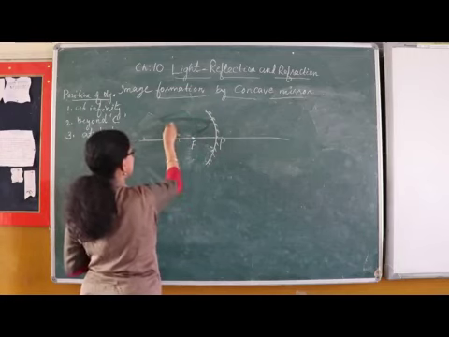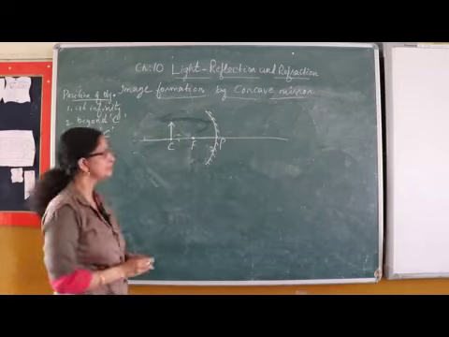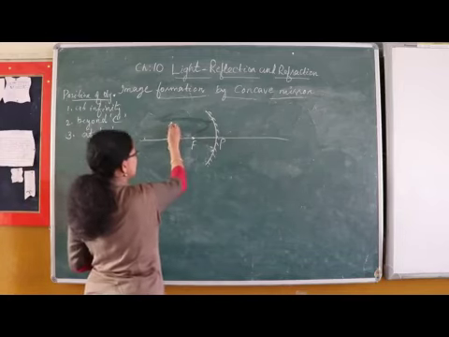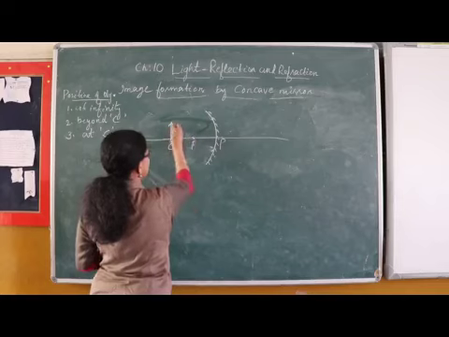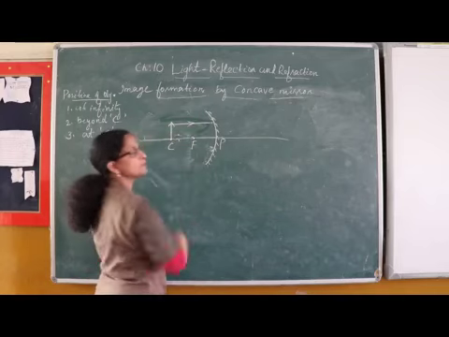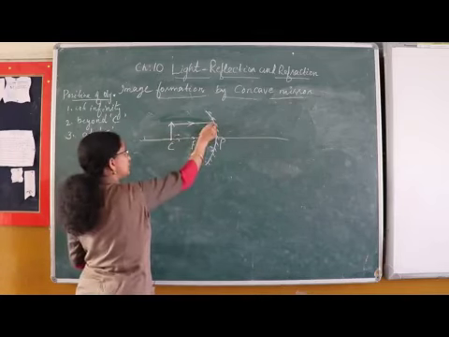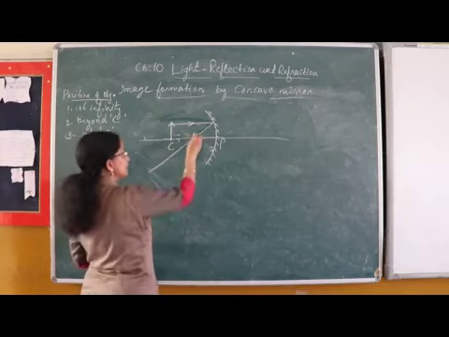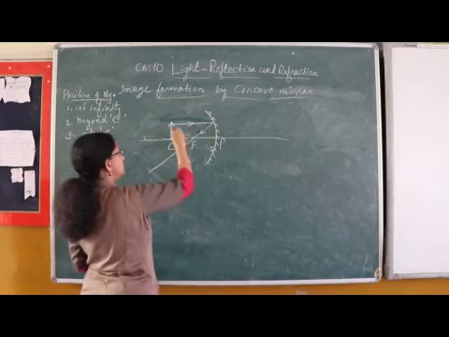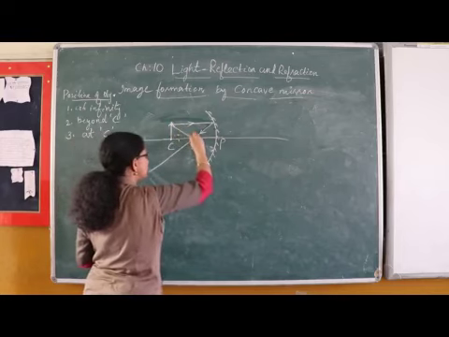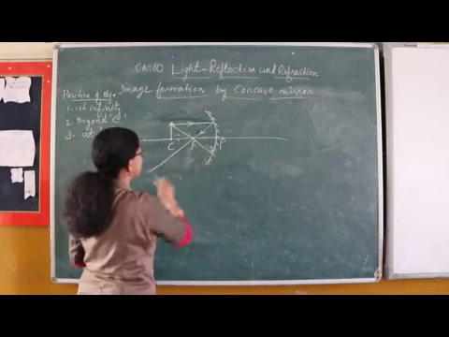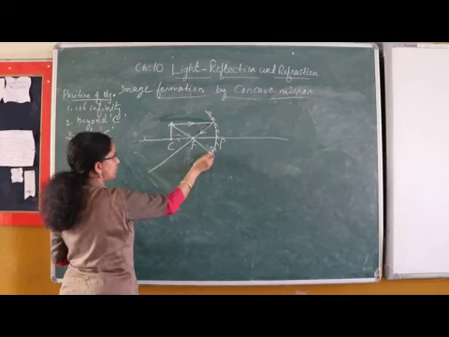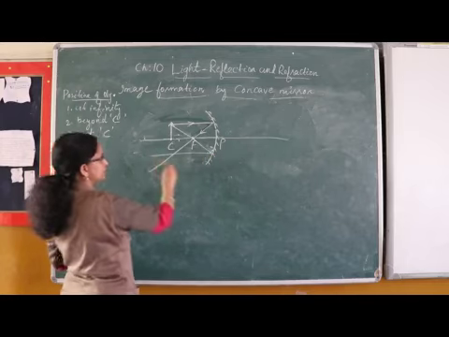Two rays we are considering: the one which is coming parallel to the principal axis, after reflection passes through the principal focus, and the other ray that is coming through the focus, after reflection passes parallel to the principal axis.